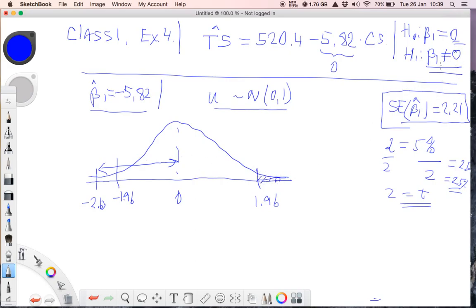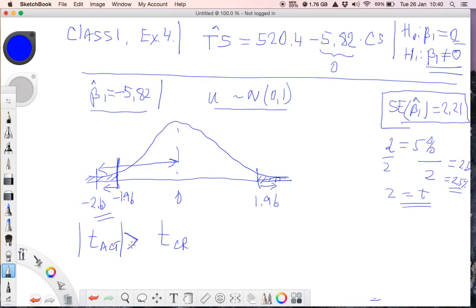We won't know whether it is greater or smaller. We are only interested in whether it is not equal to 0. So this is our alternative hypothesis, and that's what we usually incline towards. Anything that lies beyond this point and beyond this point is in the rejection region, and you know this from your econometrics 1. So the t actual that we calculated is greater than the t critical.